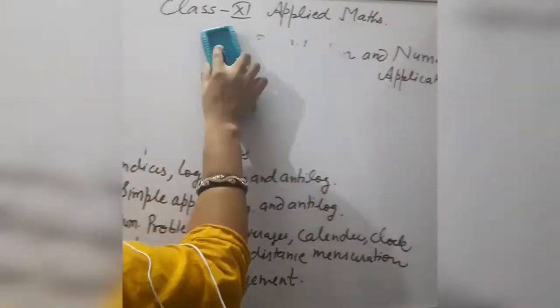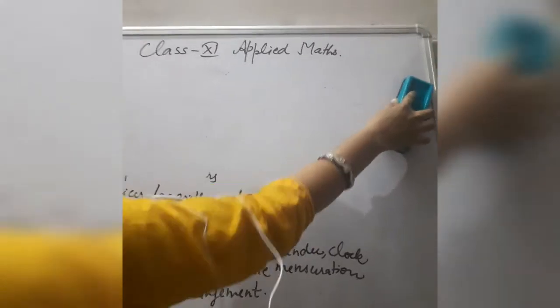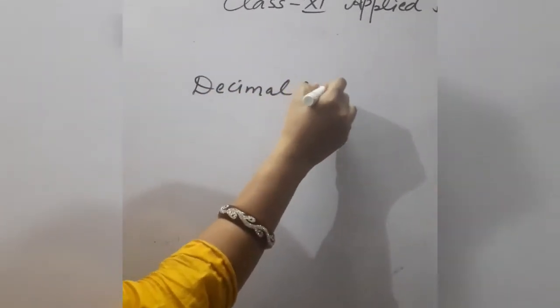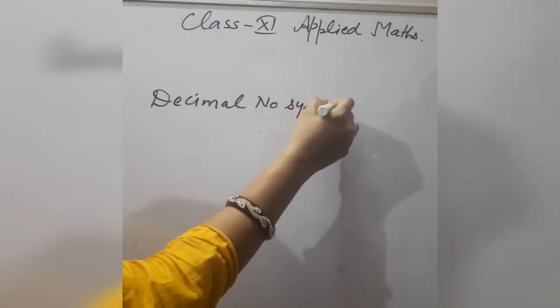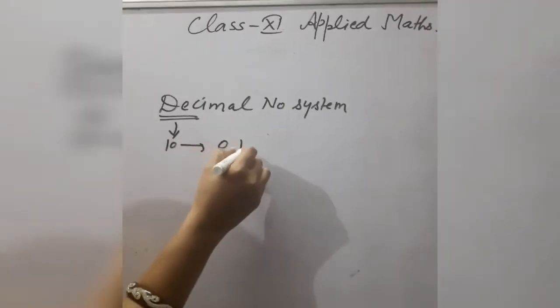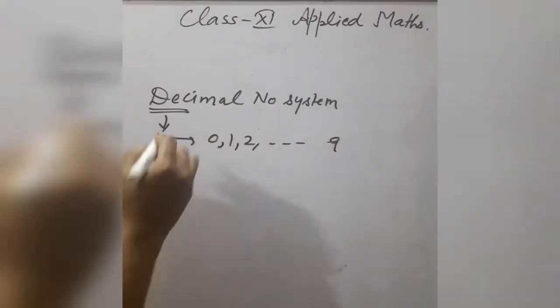You can practice this topic from any book which you have for applied maths. I am just explaining the topic, binary numbers. All of you know about the decimal number system. In the decimal number system, 10 digits are used, deci means 10, from 0 to 9.